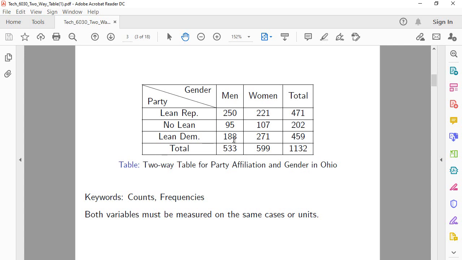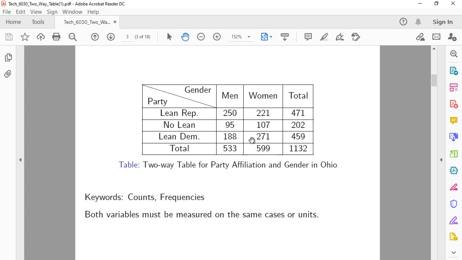188 of the adults were men and leaned toward the Democratic Party. 271 adults were women who leaned toward the Democratic Party, and there was a total of 459 adults who leaned toward the Democratic Party. 471 is the total count of adults leaning toward the Republican Party.